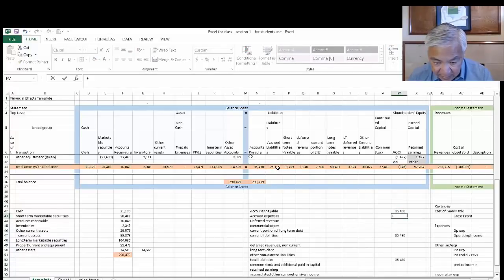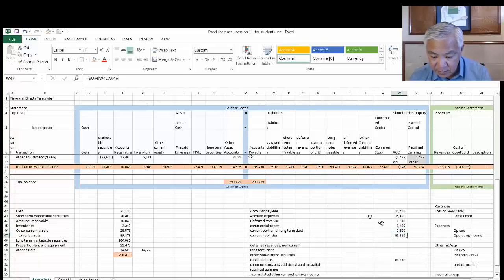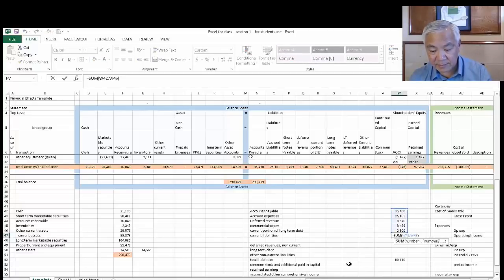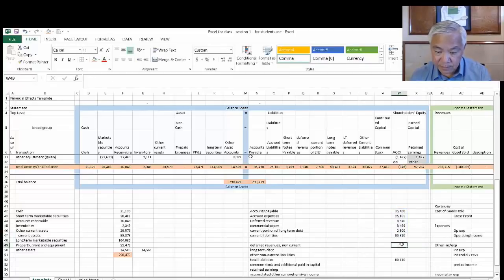And then we have expenses of 25, and deferred revenue of 8,900. Commercial paper, which is our short-term payable, and the current portion of long-term debt, 2,500. This subtotal is a sum command. Then we do long-term liabilities of deferred revenue, and long-term debt, 53,000, and next is other. And so our total is 171 in liabilities.